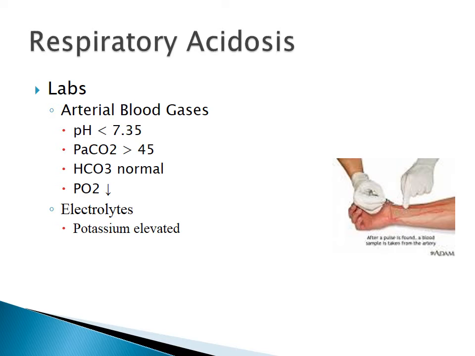Our bicarb, our HCO3, will be normal, 21 to 28 or 22 to 26, depending on which book you're looking at. But our PO2, whether it be on our oxygen saturation or in our blood gases, will be down. Electrolytes: potassium will be elevated.